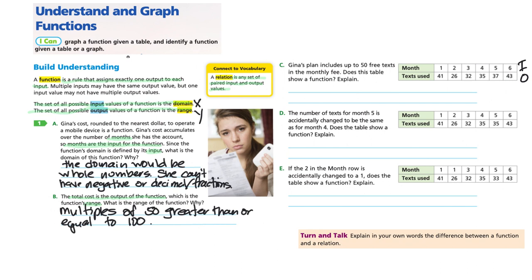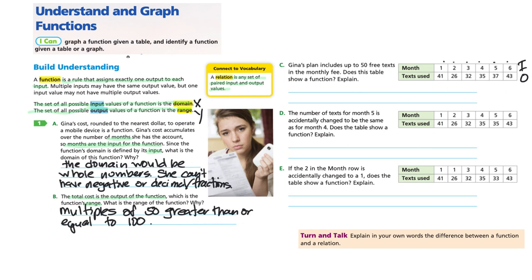There's no repeat here. For month 1, it's 41. Month 2 is 26. 3 is 32. Those are the texts that she used each month. She may use the same number of texts in a given month that she did before, but that's okay. None of these inputs can be repeated with a different output.